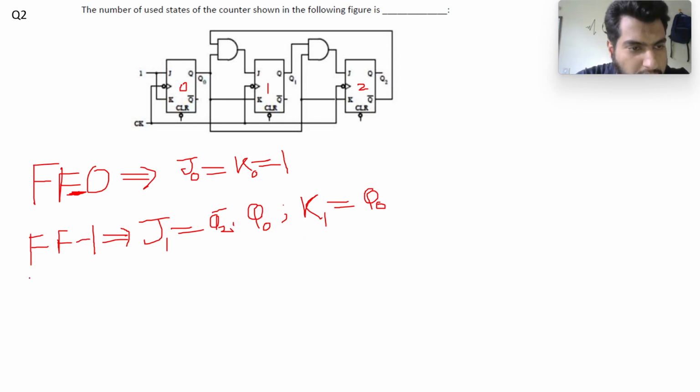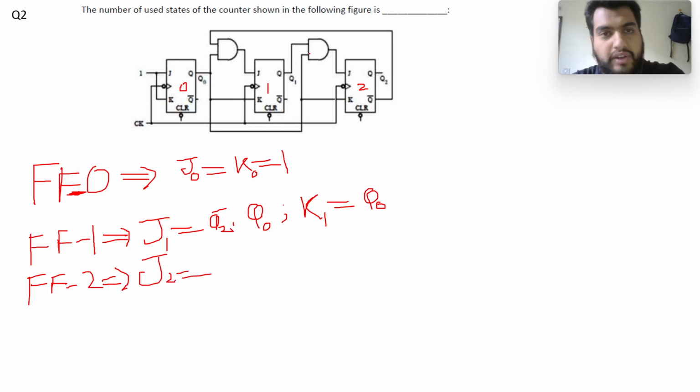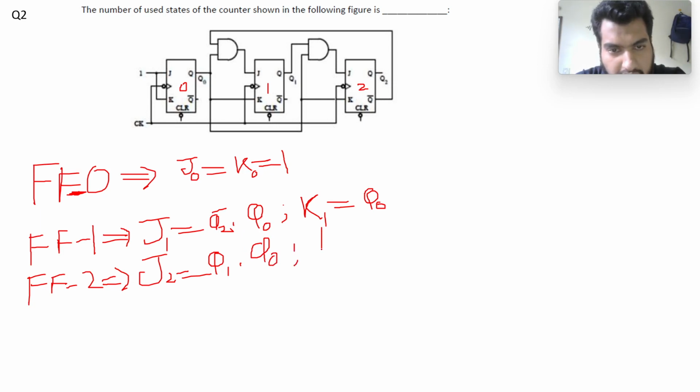Now flip-flop 2 will have inputs J2, which is again an output of an AND gate, so it's Q1 and the other input is Q0. And K2 is simply Q0.